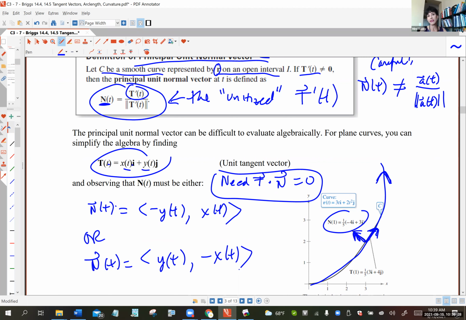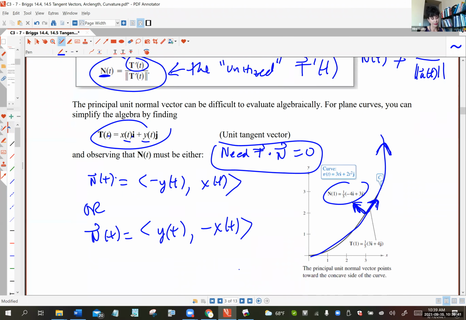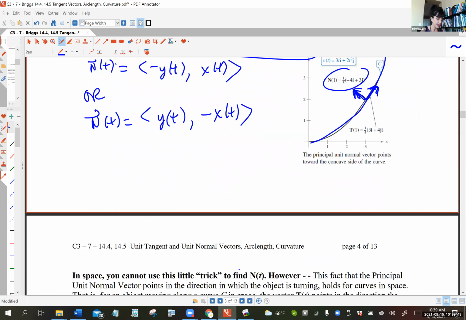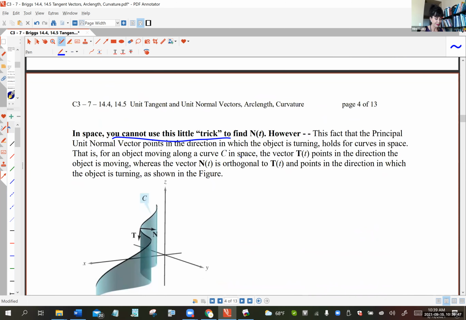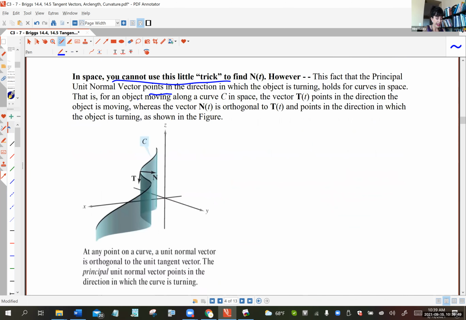But in 3D, you don't get that trick because you have infinity vectors that are orthogonal to big T. So you don't get to do this cute little trick to circumvent finding big N. You have to do it the hard way. Find the derivative. Yeah. You have to be good at taking derivatives, you know, all that stuff. So in space, you cannot use that little trick. But we still have that the unit normal vector will point in the direction the object is turning.